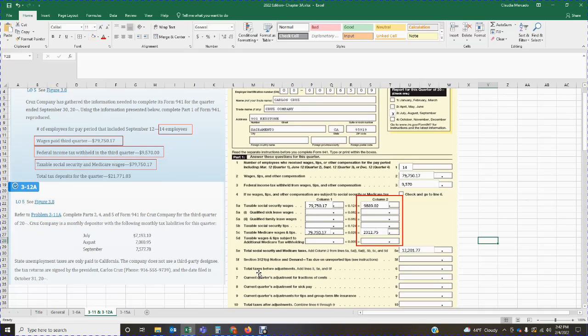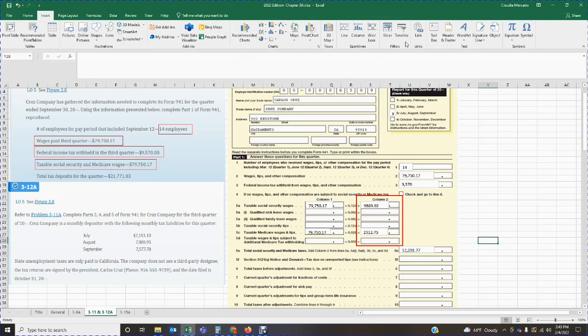Line number 6, total taxes before adjustments. You're going to add line 3 and line 5E, which is what we have here, and 5F. Okay, so we only have information on lines 3 and line 5E. So we're going to add those together. That goes in line number 6.